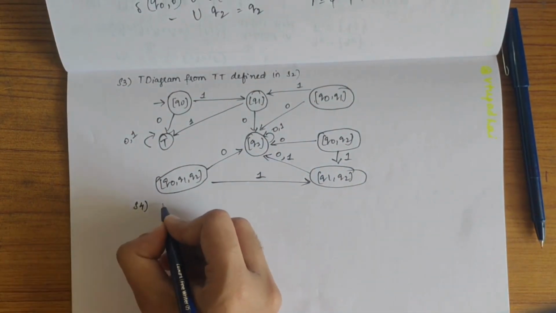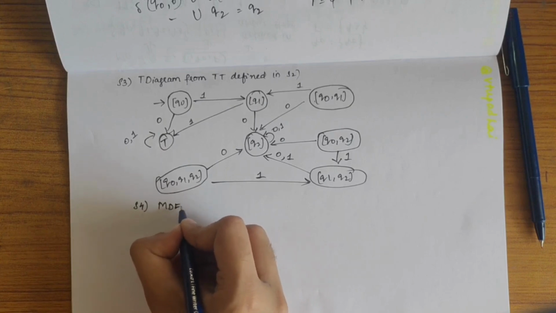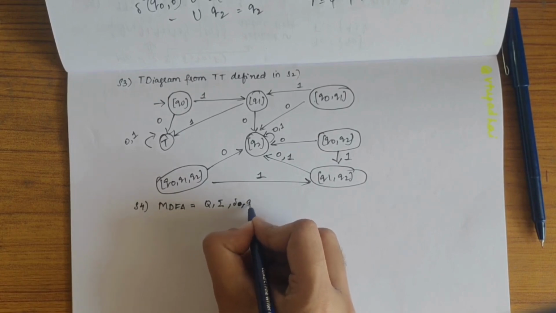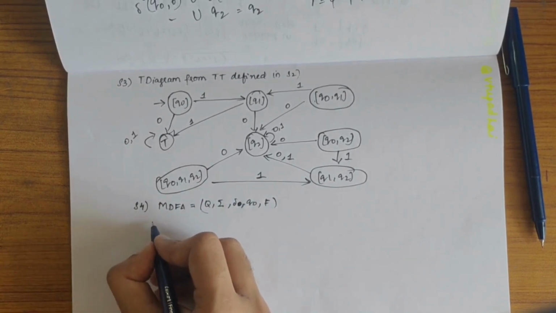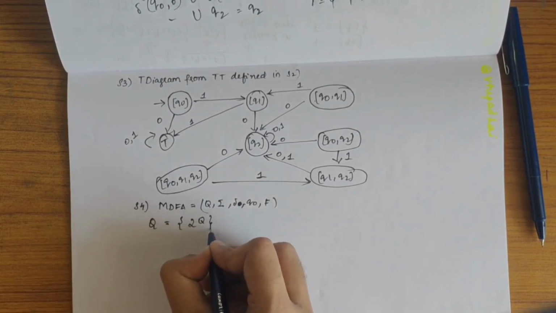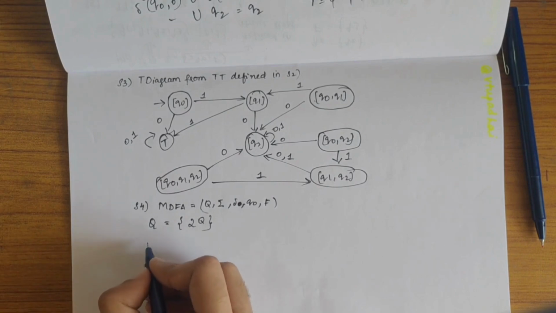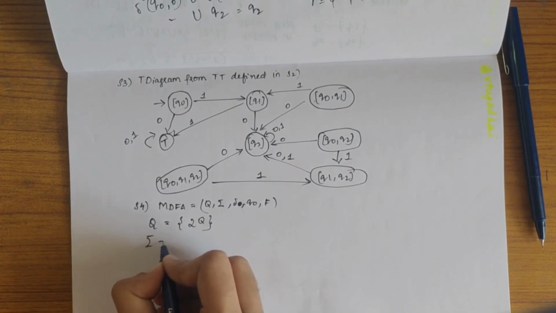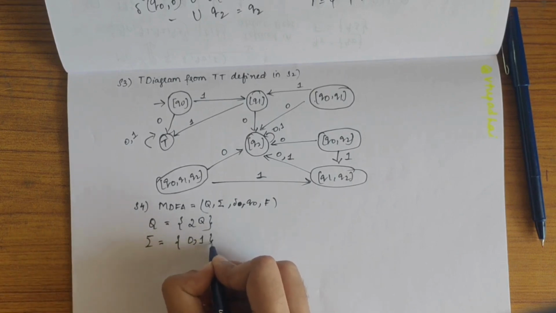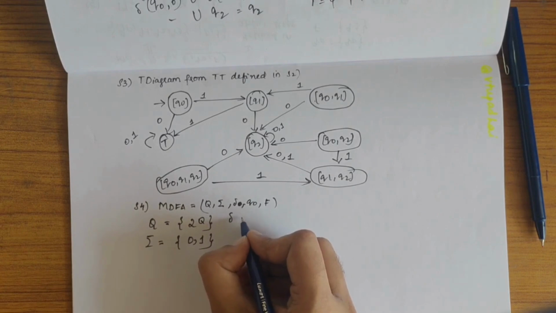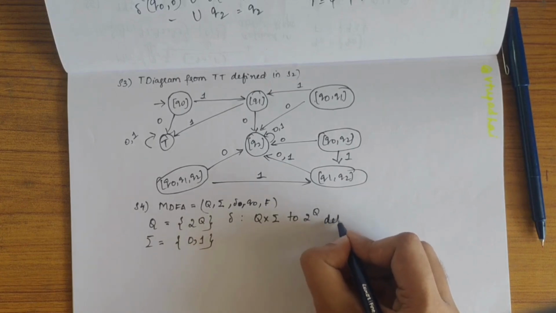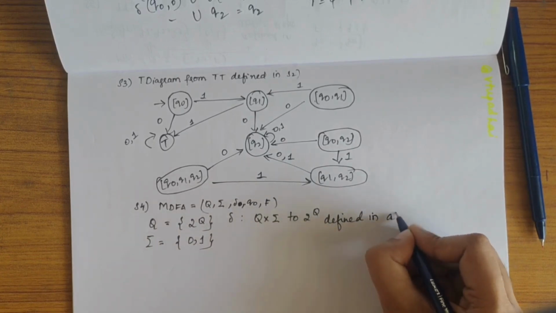Our next step is to define the DFA tuple. That is Q, the finite set of states which comprises 2 power q states, which we have defined in the first step. Followed by that we have sigma, the finite set of input alphabets. Here the input alphabets taken are 0 and 1. Followed by the transition function, from Q cross sigma to 2 power Q, defined in the above steps.